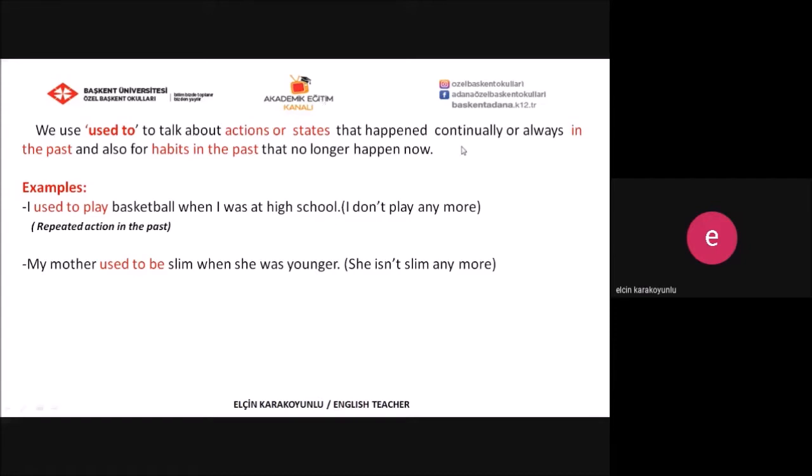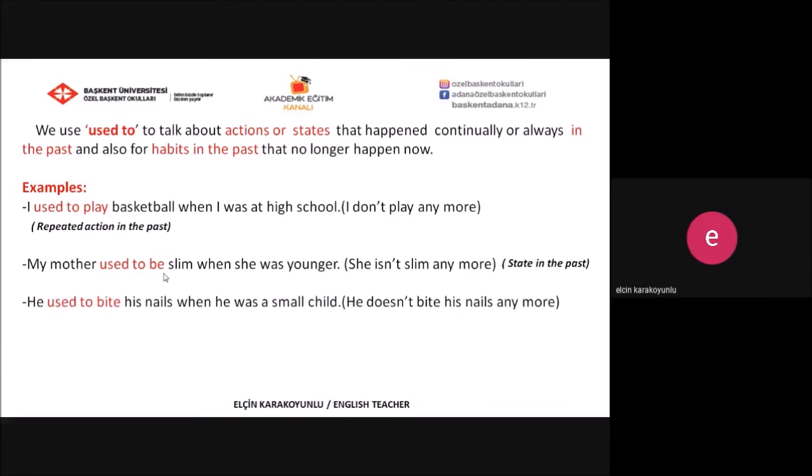Here, the verb to be is used, so it's not a kind of action, it's a kind of state. For the second usage, we can say that we use used to talk about states in the past. And the third example, he used to bite his nails when he was a small child.